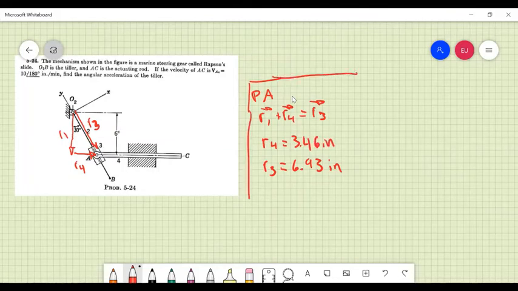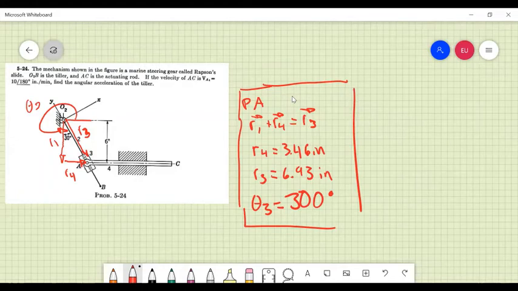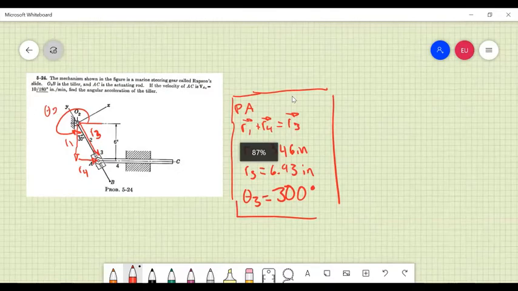We also know from the position analysis that theta 3 was equal to, what was theta 3 equal to? 300 degrees. So that's from position. Now the new story starts. The new story is related to velocity.